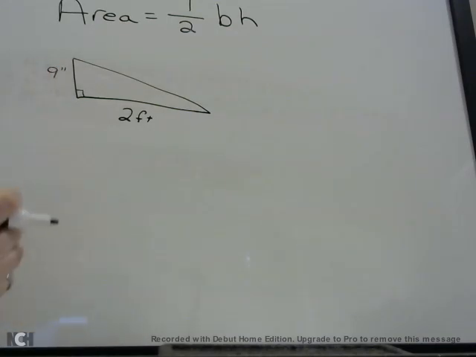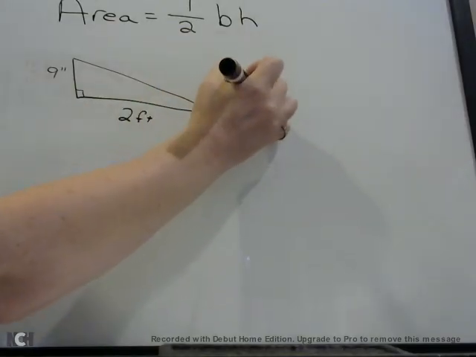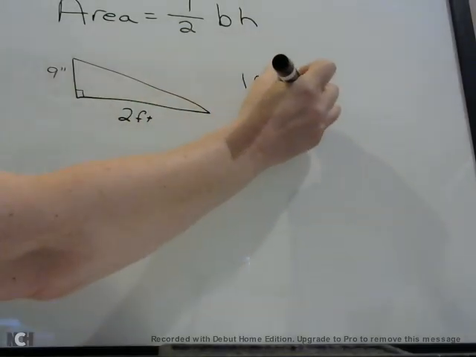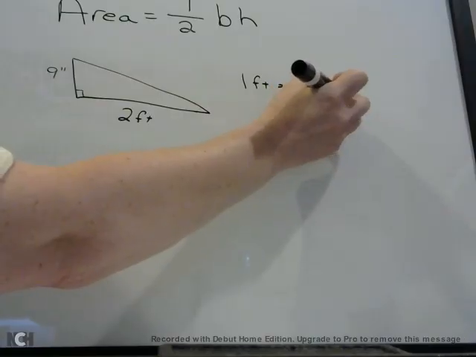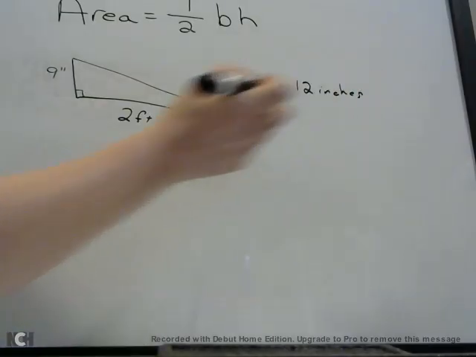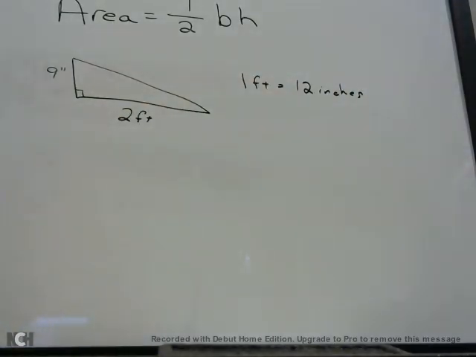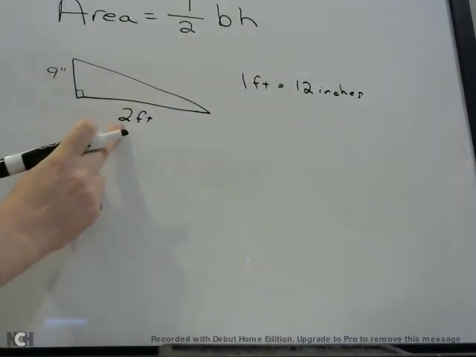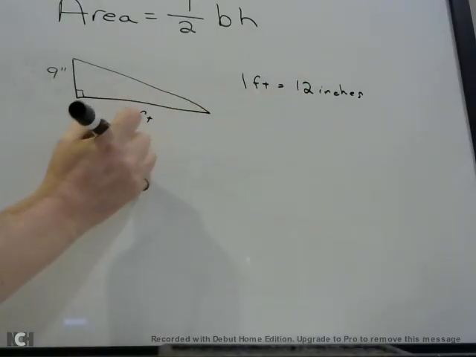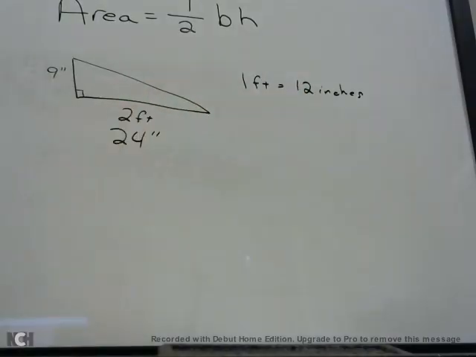So you have to know, and everyone should know, 1 foot is 12 inches. You should also know, by the way, that 1 yard is 3 feet, so know that as well. But for this problem, 1 foot equals 12 inches, so 2 feet is how many inches? 2 times 12, so this is 24 inches.